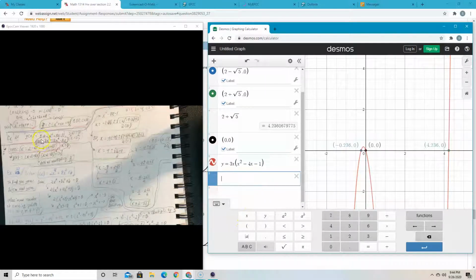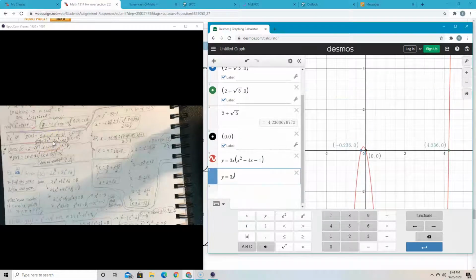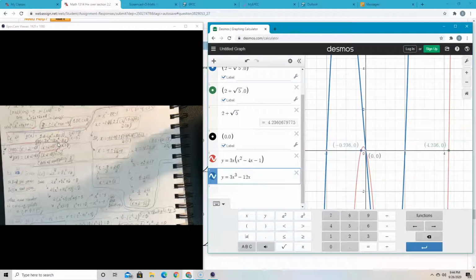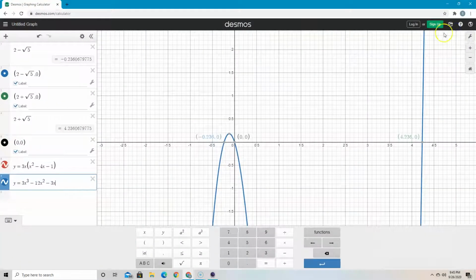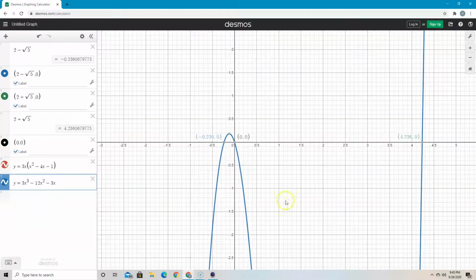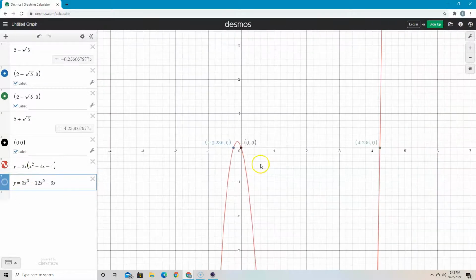We also multiplied this out, and we got y equals 3x cubed minus 12x squared minus 3x. And notice, red graph, blue graph, they're the same. This is the one they gave us. Turn this off, and there it is.